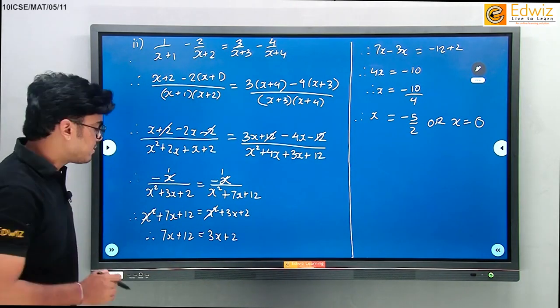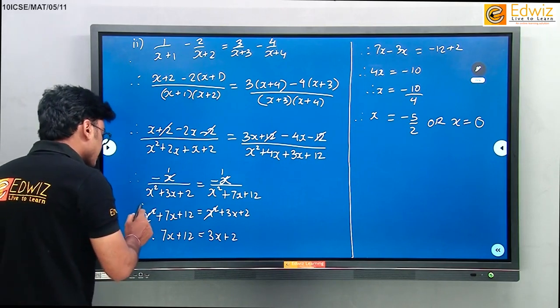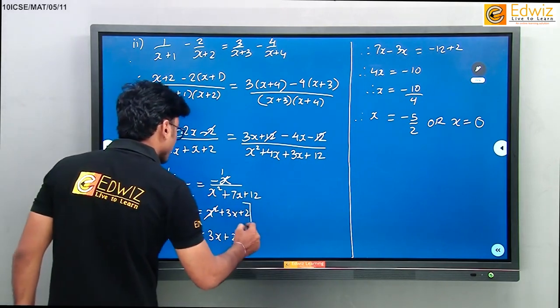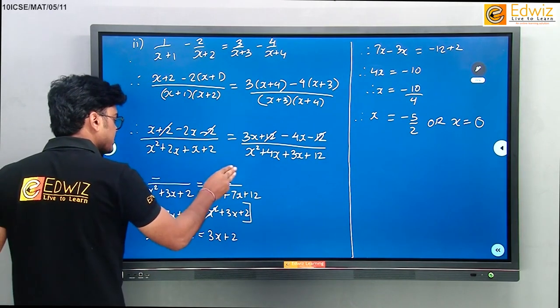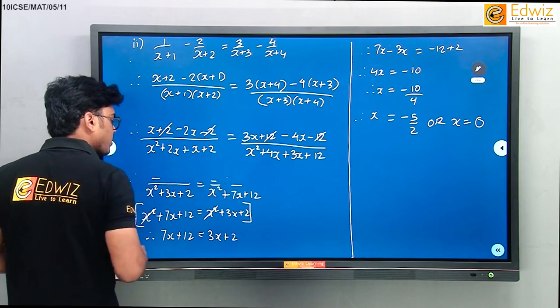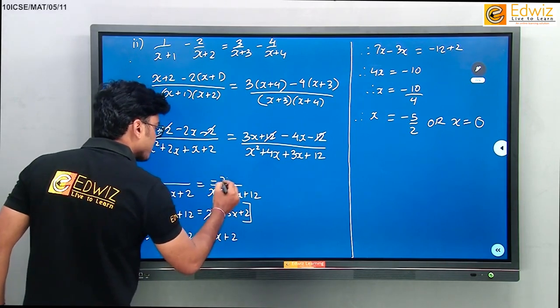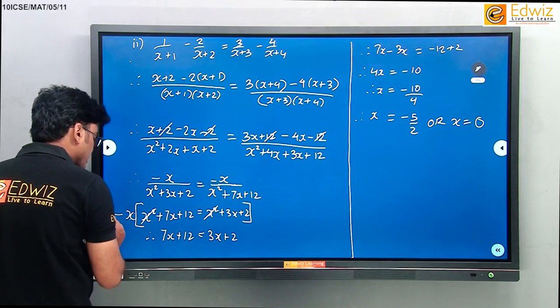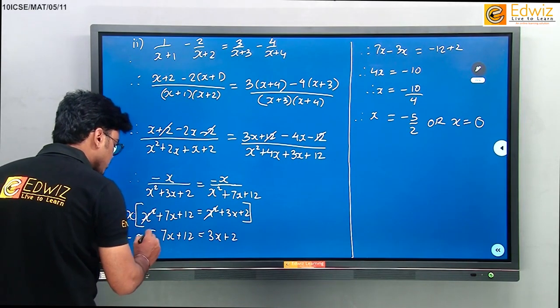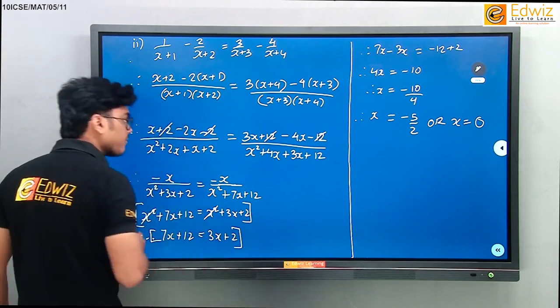If you want to denote that, all you can do is the entire equation, instead of cancelling -x, you can just write -x as common for entire equation. I'll write -x here. Okay, same -x here. So it is common for the entire equation.